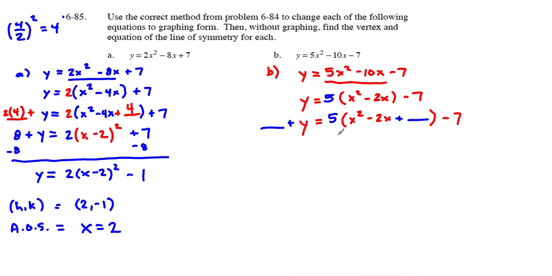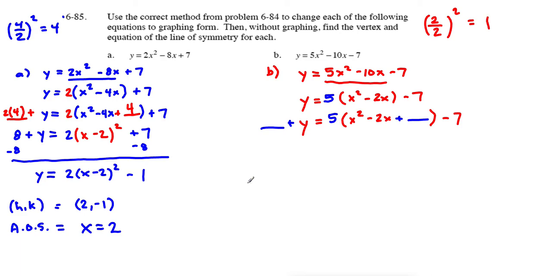Okay, so if I'm going to complete the square, I have to take half of my middle term here. I'm going to say 2 divided by 2, and then I'm going to square it, which is an easy one to do because 2 divided by 2 is 1, 1 squared is 1.